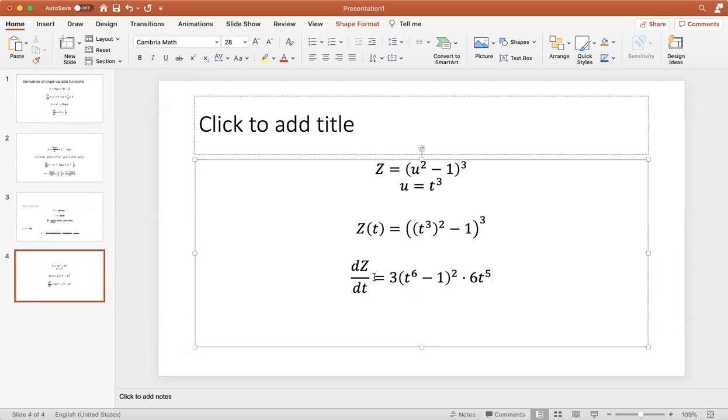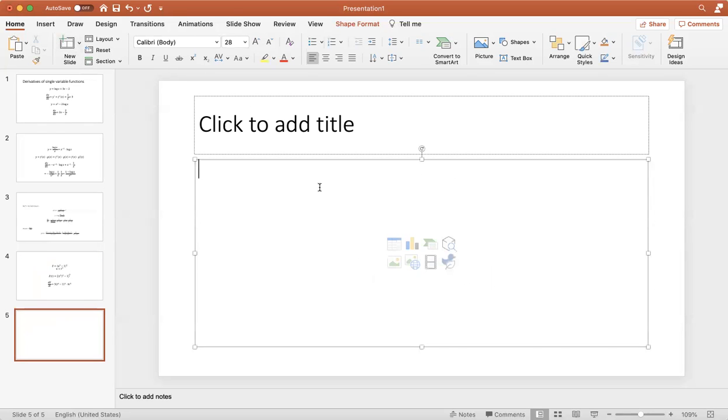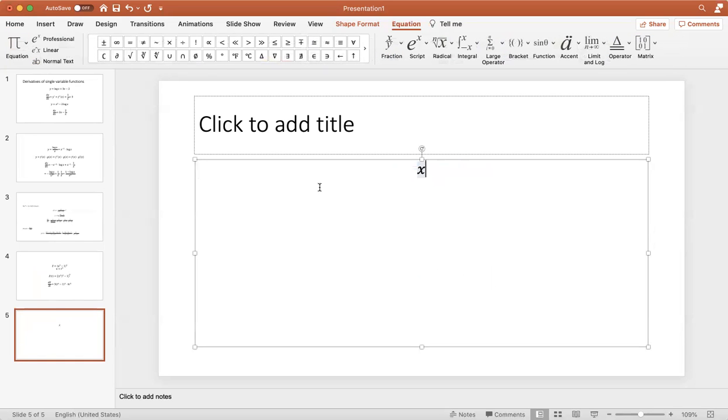Now, what if we have some economic example, or something that resembles a function in economic theory? So suppose you have something like x, which is a function of a.